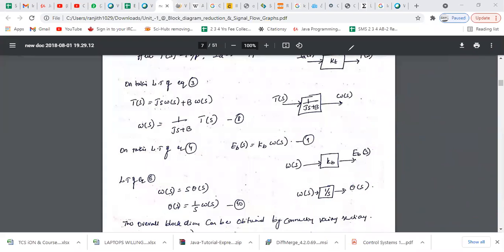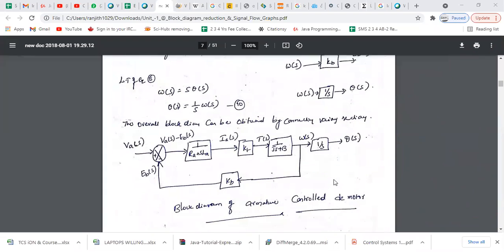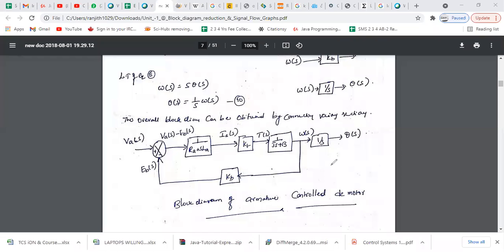Now we are connecting all these sections to draw the final diagram. If you observe, this is the block diagram of armature control DC motor. This is the first section. V of s minus Eb of s is the input, Ia of s is the output.